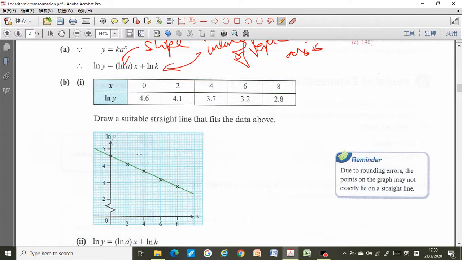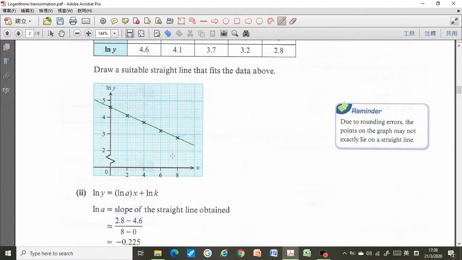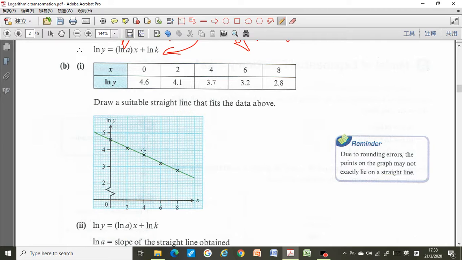After you get this, you will find the intercept on the vertical axis is 4.6. So you can calculate the slope first. Here I choose 2 points. The first point here is 0, 4.6, and the second point here is 8, 2.8.